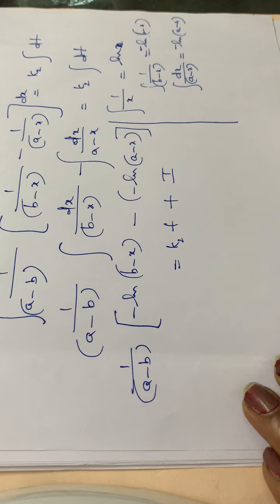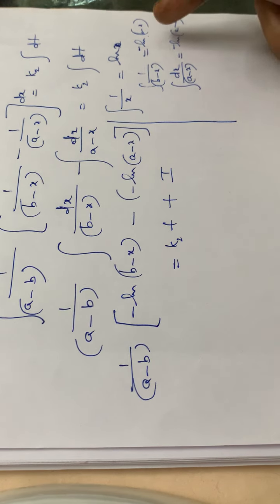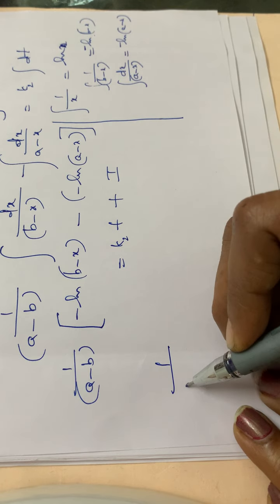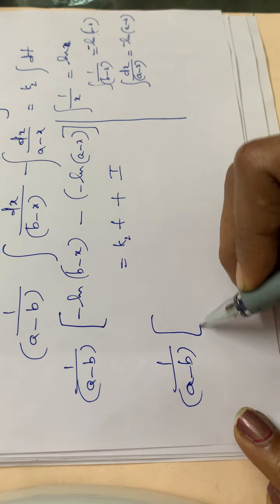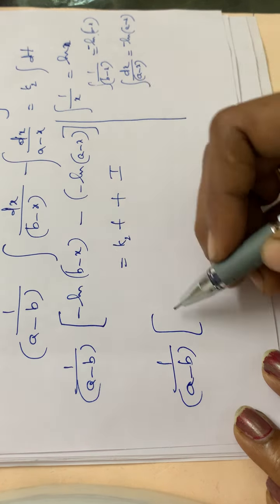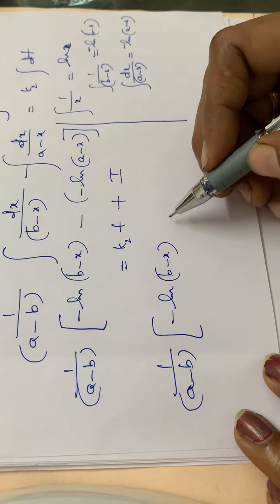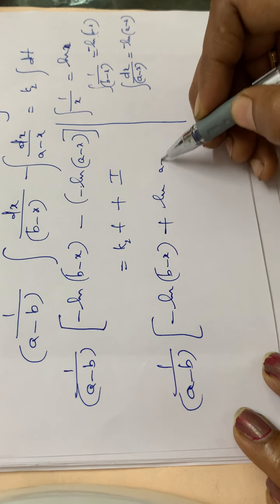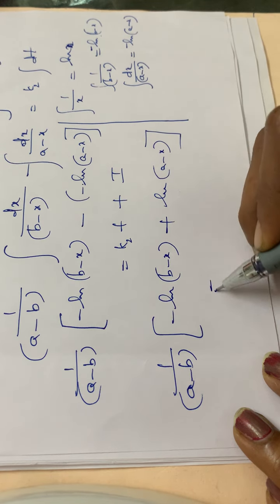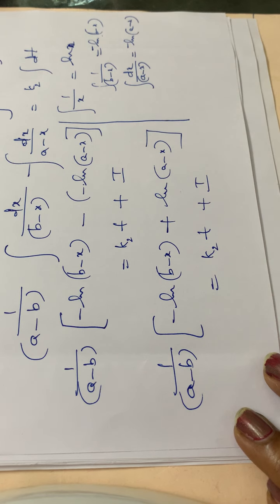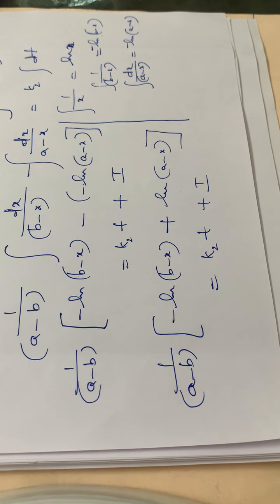You simply substitute these values. Then the next step: 1 by A minus B into minus ln B minus X plus ln A minus X is equal to K2 into t plus I.